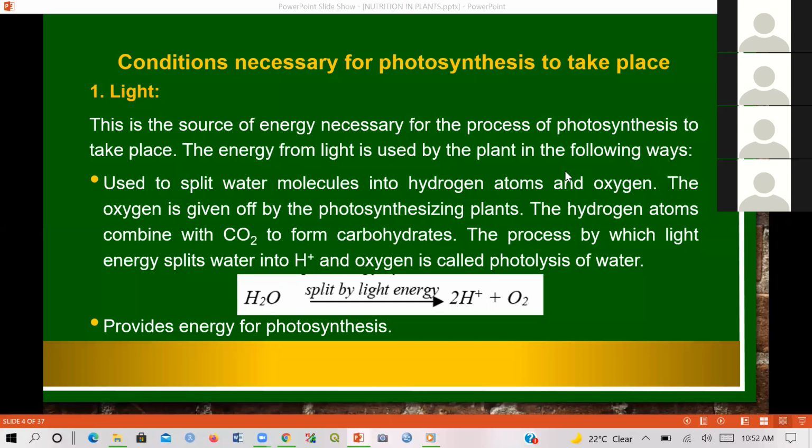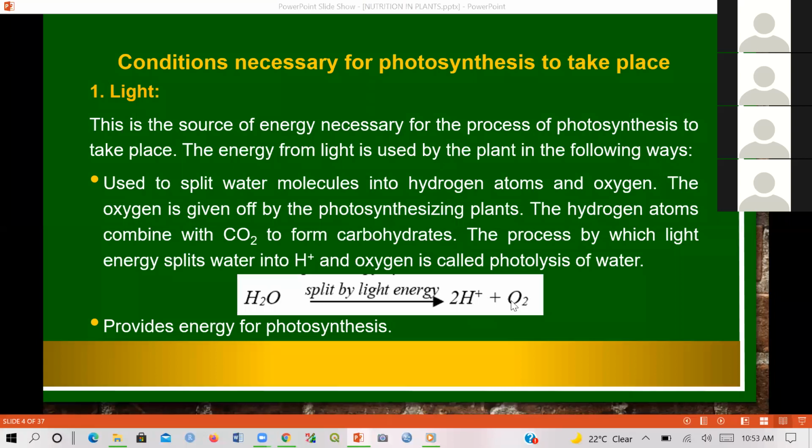The first role of light is in this equation here. When the roots absorb the water, the raw material, light energy splits this water molecule into two: hydrogen ions and oxygen.